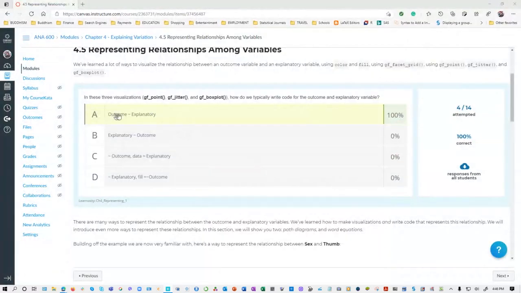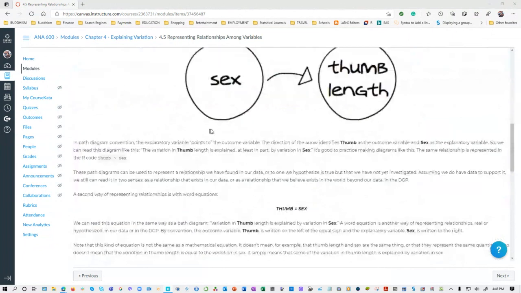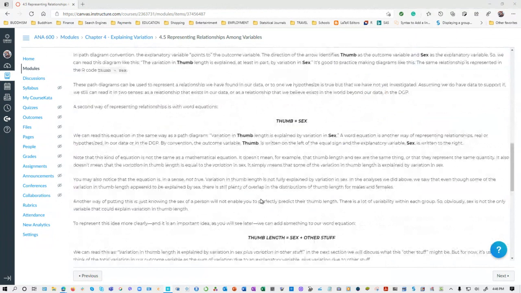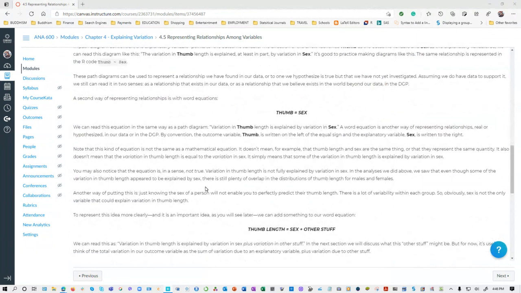But anyhow, when you write y, the outcome comes before the tilde, and after this you put the explanatory variable. That's the one that they built up over here. But when you put thumb length equals, y equals x, whatever you have, plus other stuff, where is this coming from?